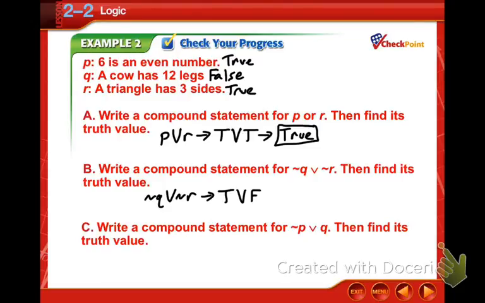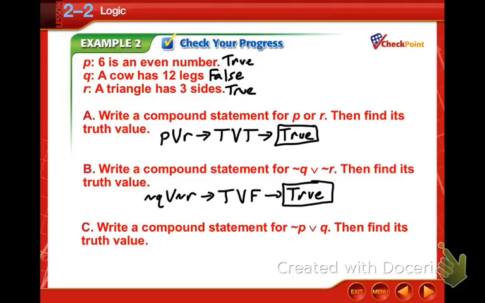You don't say you want both of them. So here, even though we have a false in there, the whole thing is true because one of the parts is true. A cow does not have 12 legs, and a triangle does not have 3 sides. The first half is true, and because we have the or in there, the whole thing is true.